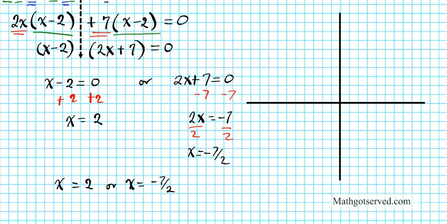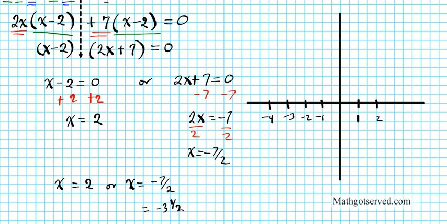Okay? So just to sketch the results, we have, let's call this 1, 2, 1, 2, and then negative 1, negative 2, negative 3, negative 4. The first 0 is negative 7 over 2, which is the same thing as negative 3.5.